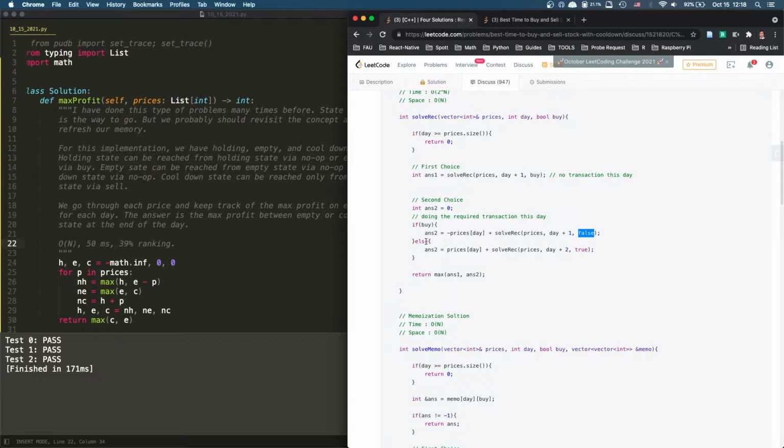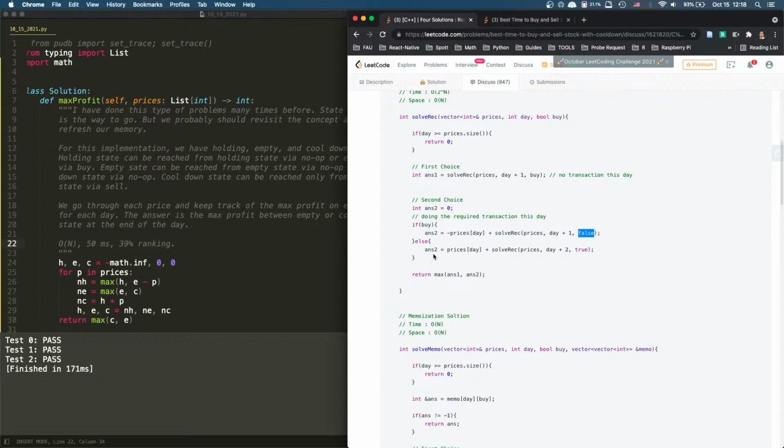If previous is sell, then now this is the transaction required, right? Which means what transaction I can do. If I want to do a transaction, what should I do? Let's say if the transaction today I do is buy, then you're saying the next day I cannot buy. That's not true. That's not true.